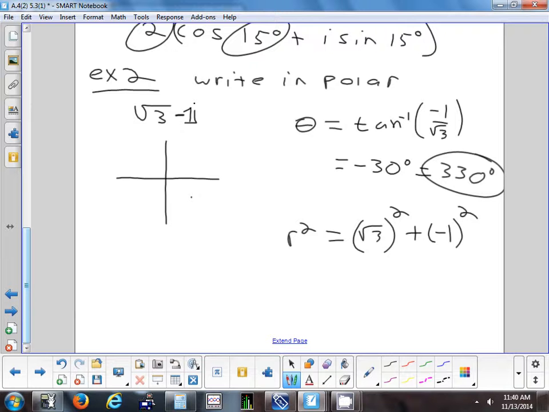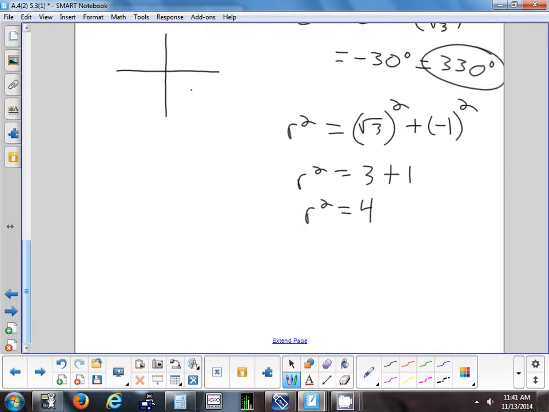I like to think of it as x and y, even though it's real and imaginary, it just keeps it the same as what we learned before, so you don't have to think of it differently. What's the square root of 3 squared? 3. Negative 1 times negative 1, that's 1. So r squared equals 4, so what would r be? 2.